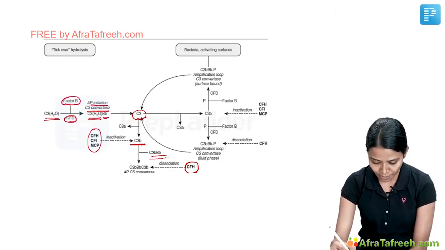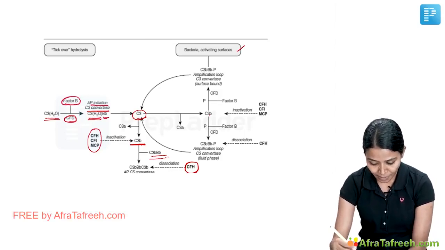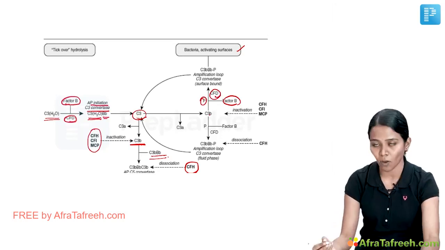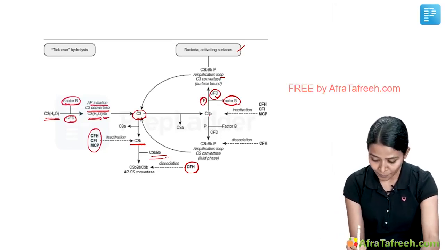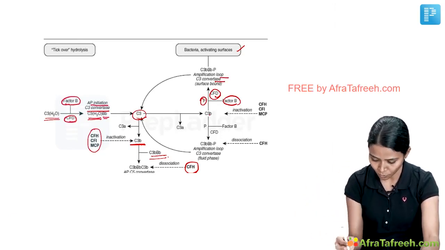Similarly, here you can see when there is a bacteria or any activating surface, the C3b with the help of factor B, properdin and complement factor D forms the amplification loop C3 convertase, going on increasing the production of C3. Here also this comes into check.